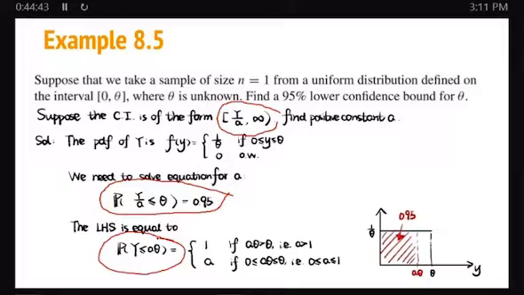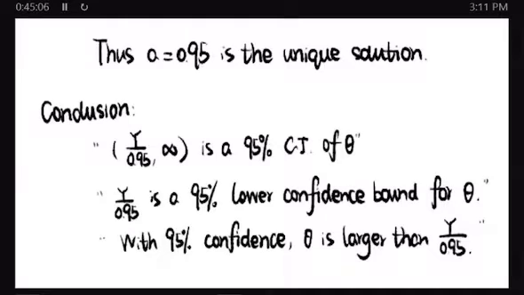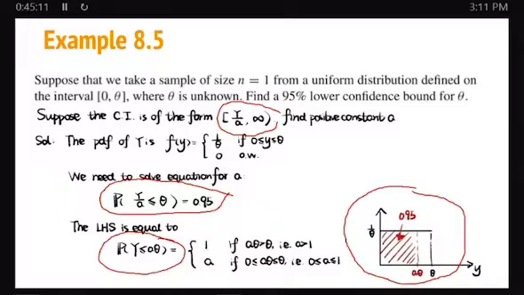Just like what we did the other time, where we had a 90% interval, the difference between 0.95 and 0.05, but this time around, take a look at that. From there, you're going to see that the only reasonable value a can be, in the scenario where a is greater than 1, is 0.95.